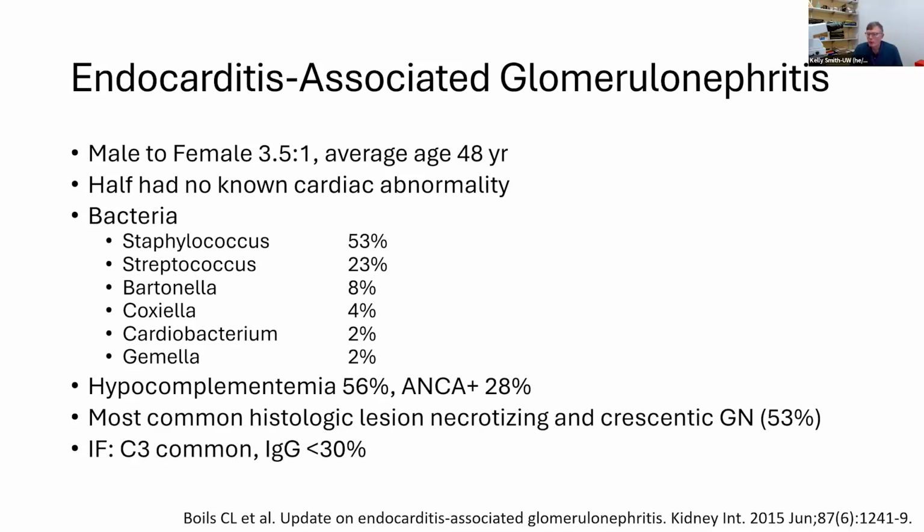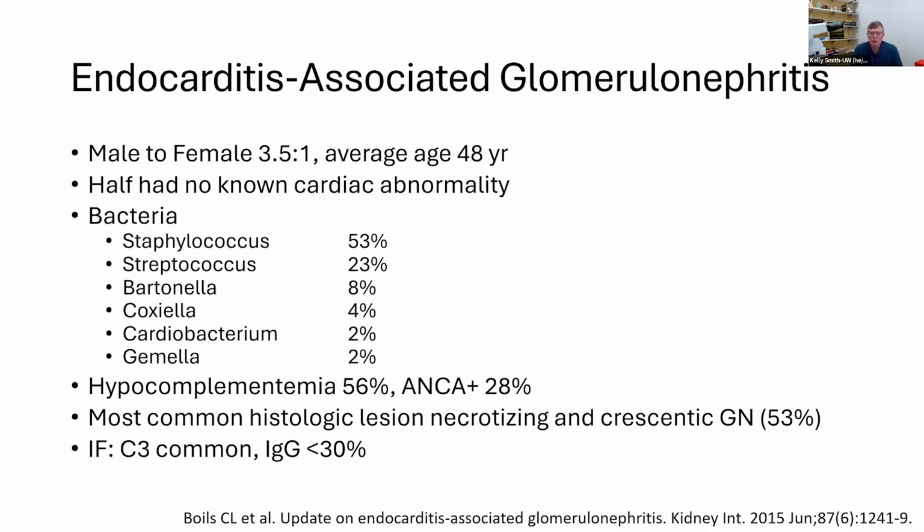So Bartonella, a common cause of culture-negative endocarditis, and then as we noted in this case, Gemella. These are rare causes, but we're seeing them more commonly these days. Hypocomplementemia is present in around half of the cases, so it may not always be there. And ANCA is also present in a fair number of these cases.